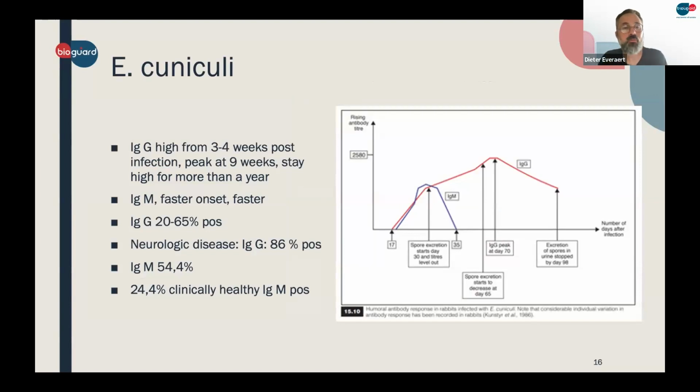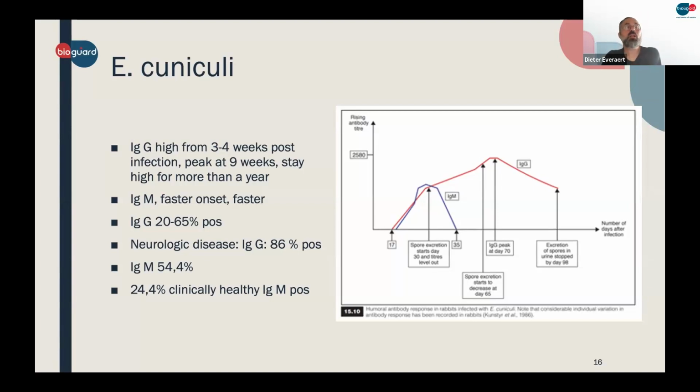IgM has a faster onset and also goes down faster, meaning after 35 days, IgM is negative. So if your IgM is positive, you know that it's an active infection.